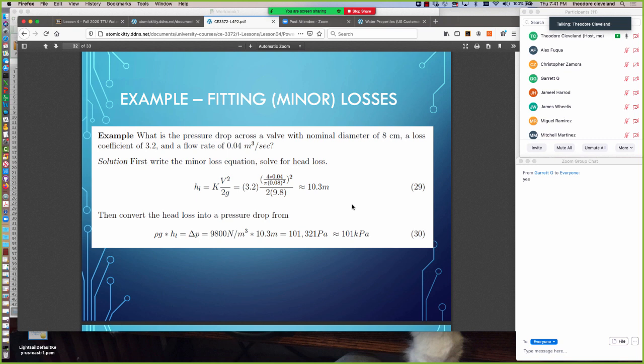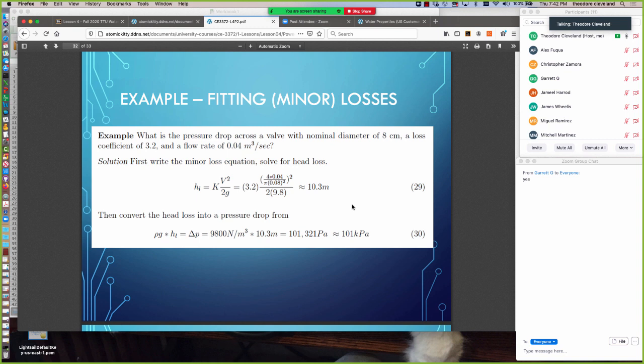Then we would convert the head loss into pressure drop simply by multiplying that head loss by the specific weight of water, which is 9,800 newtons per meter cubed, at least for really cold water, times 10.3 meters of head loss for 101,300 pascals of pressure change, or 101 kilopascals.